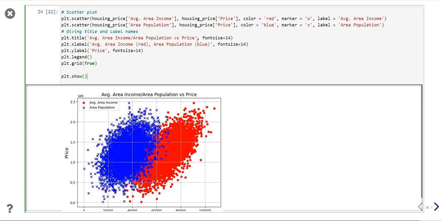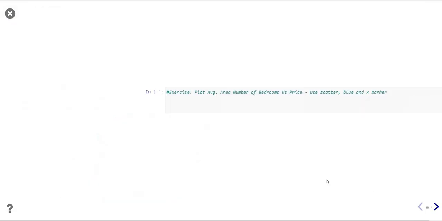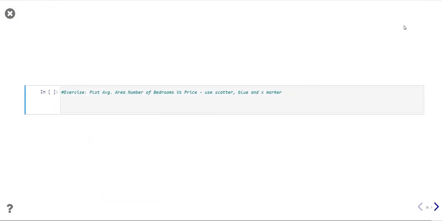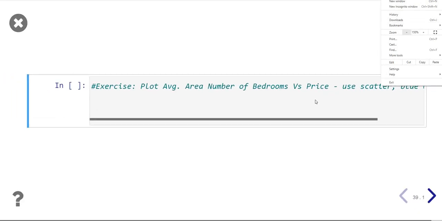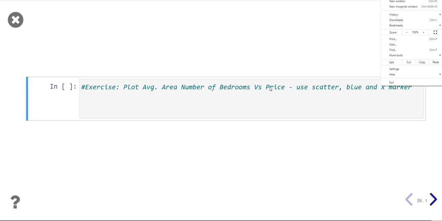So let's try now another exercise. So this one, try to plot the average area number of bedrooms versus the price. So here you can actually see that you may find some certain patterns.